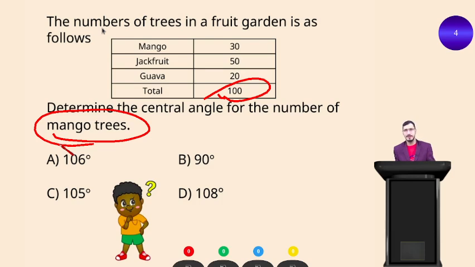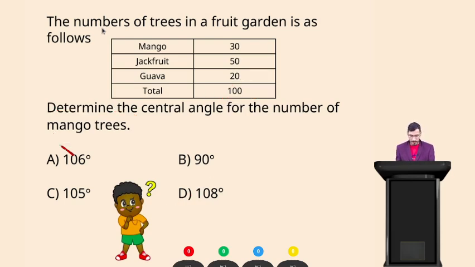Yes, which option is correct here, students? Okay, time's up. The right answer is yes, option D. So here, students, you can see the number of mango trees, that is 30, and the total number of trees, that is 100. So 30 mango, and total number, that is 100.